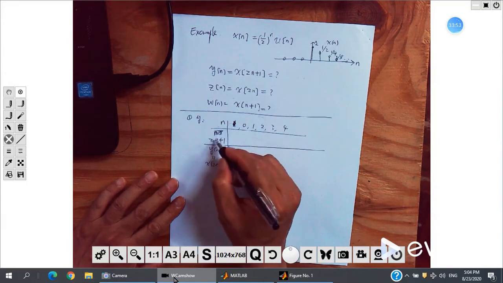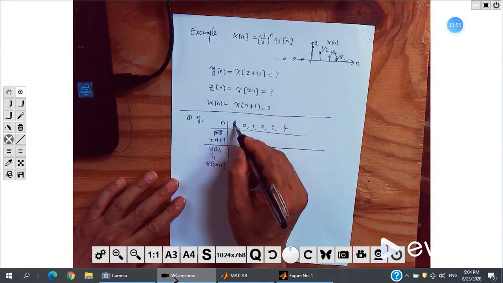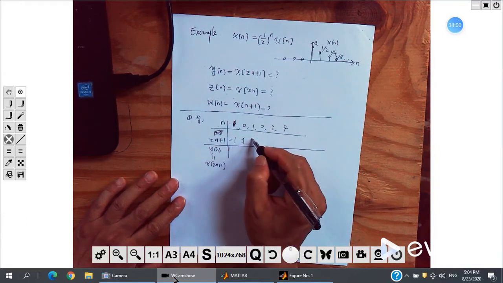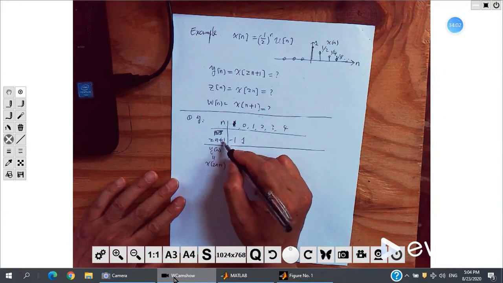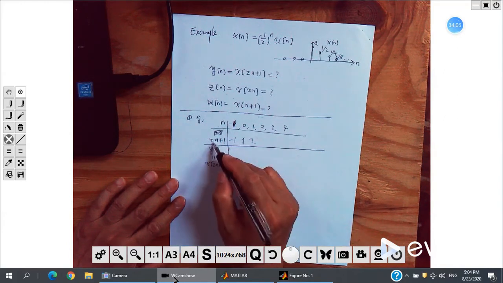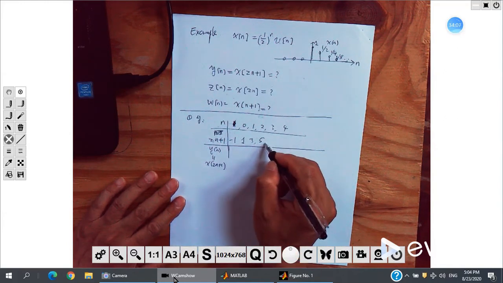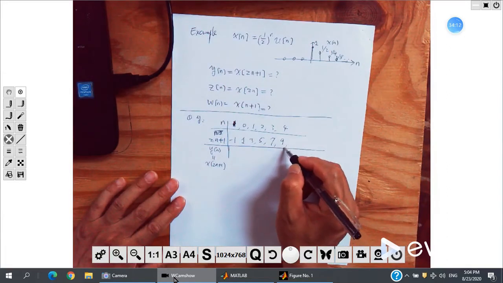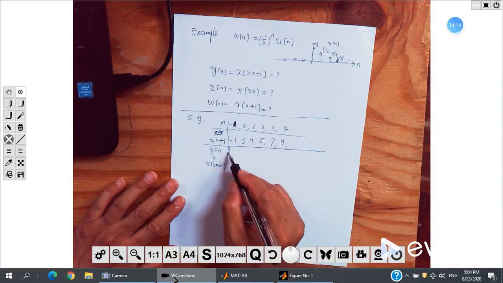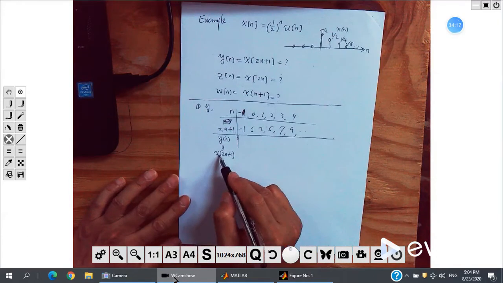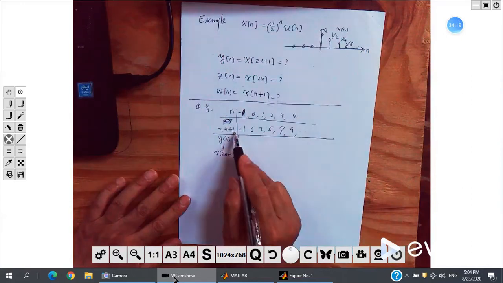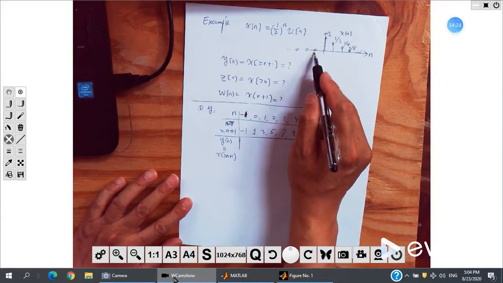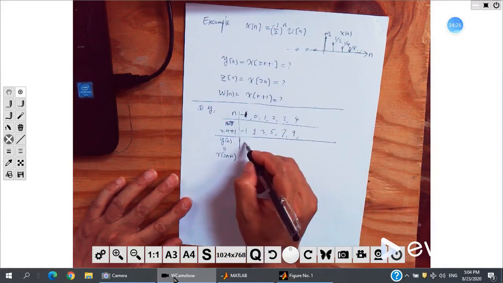Then here's 2n plus 1, so negative 2 plus 1, this is negative 1. 0 plus 1. 1 times 2 plus 1. And 2 times 2 plus 1. 3 times 2 plus 1. And so on. Then this is the value of x at 2n plus 1. Now the first index is negative 1. X of negative 1 is 0.